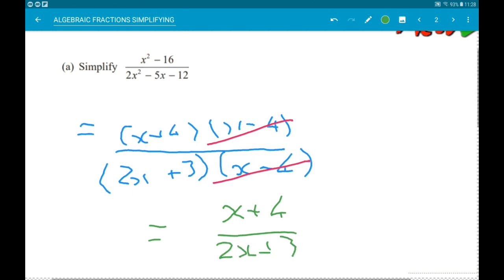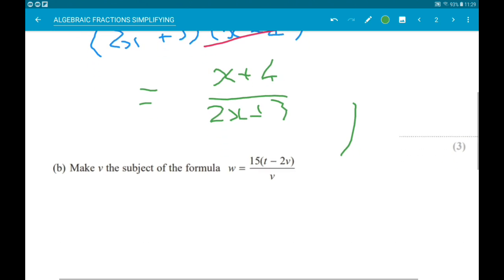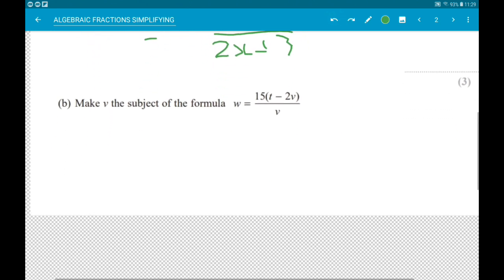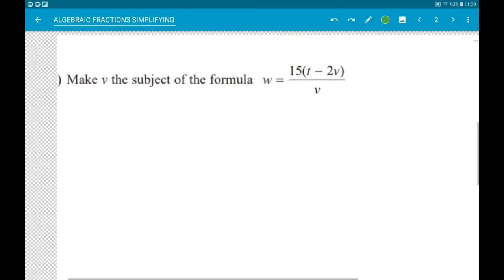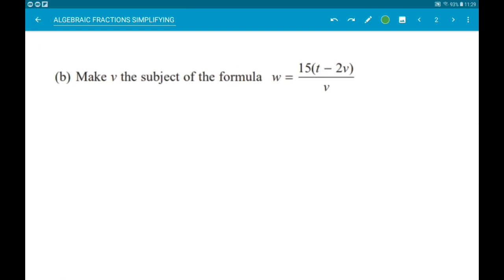Cool. Okay, next up, so we're not simplifying but rearranging an algebraic fraction, so it still seemed relevant. So we want to make v the subject of the formula. W is 15 times t minus 2v all over v. Okay, so that means we need v to appear just once and on its own throughout this whole thing.